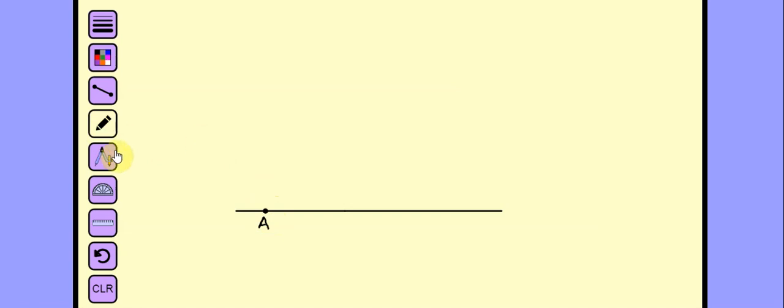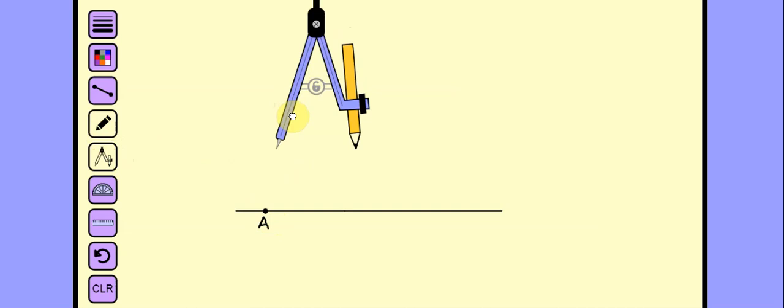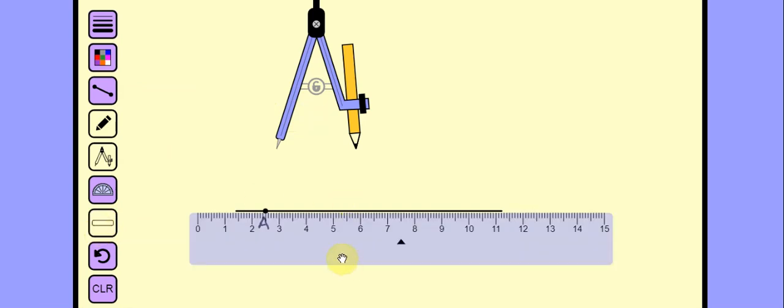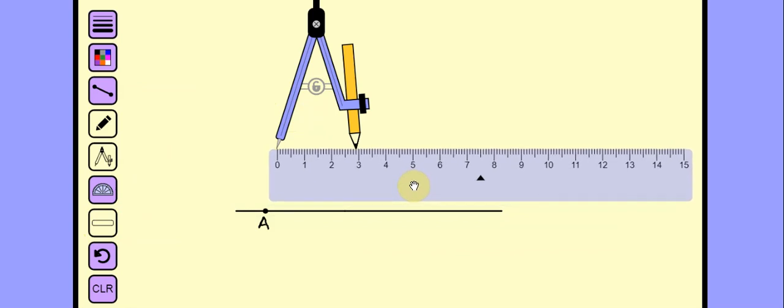Now using your compass, we are going to open the compass to a separation of 6.5 in order to construct line segment AB. So you would have seen just now where I used the compass to actually mark my point A on this line. You would just use your pencil to do so.